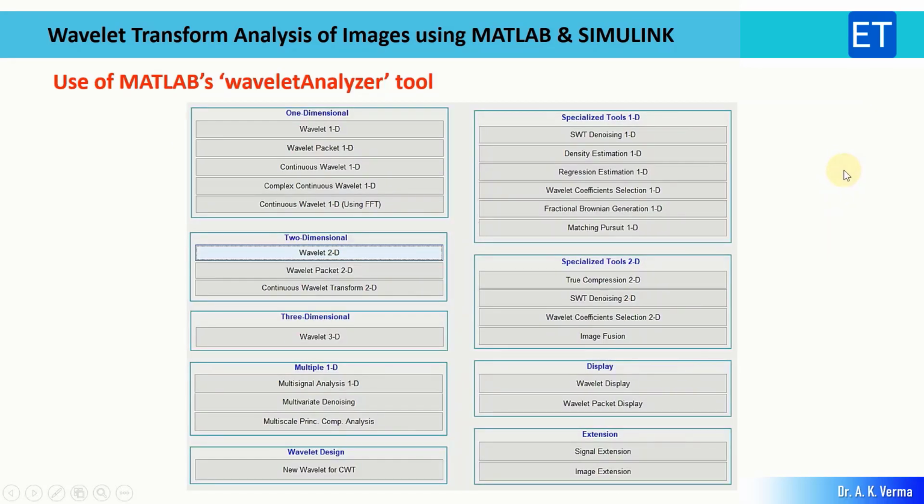And now let's see MATLAB's Wavelet Analyzer tool. Here just see this Wavelet 2D. When you press this button, you get the facility where you can find the wavelet transform of your images.